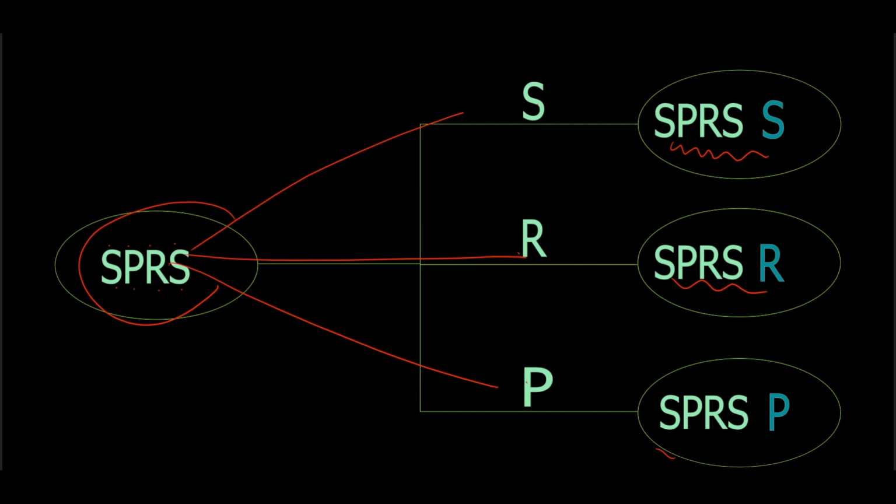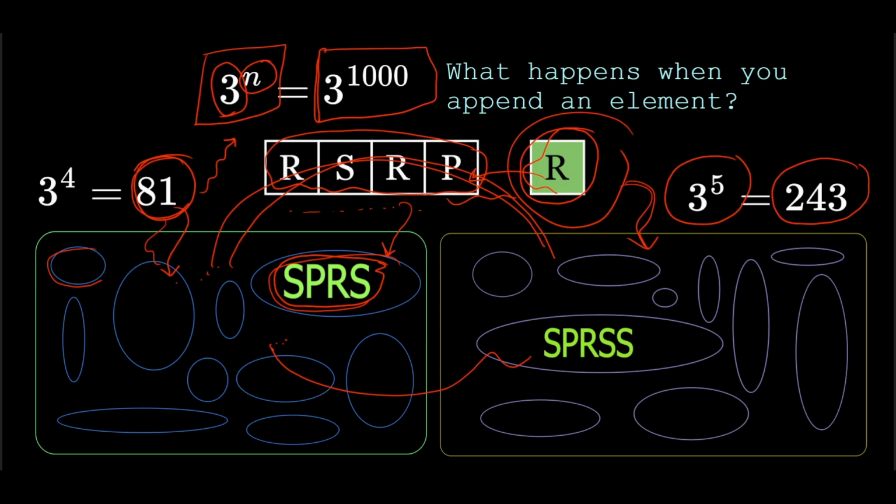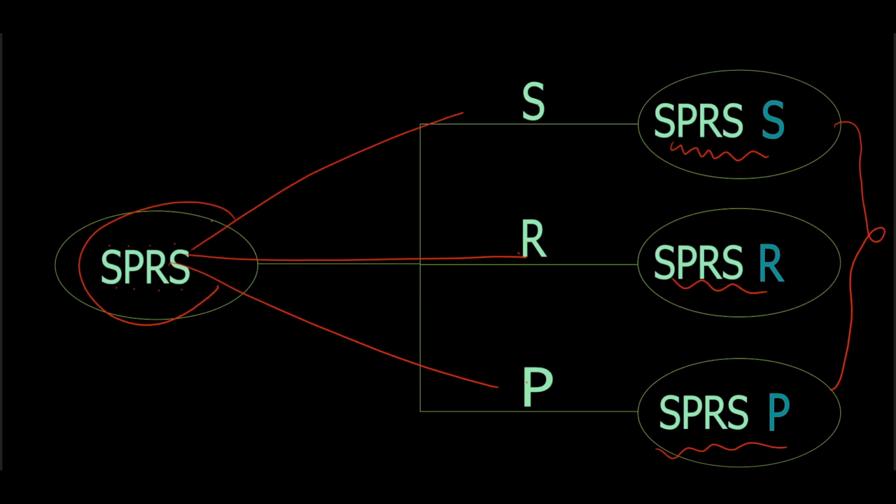But notice that all of these 3 configurations would be unique. Why? Because there are 81 unique ellipses here. So if you pick a unique ellipse and append a unique element at the end, all these 3 entities would be unique.